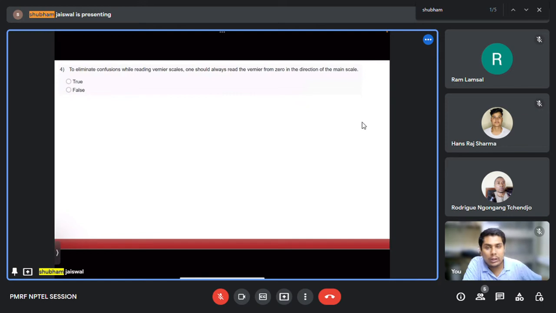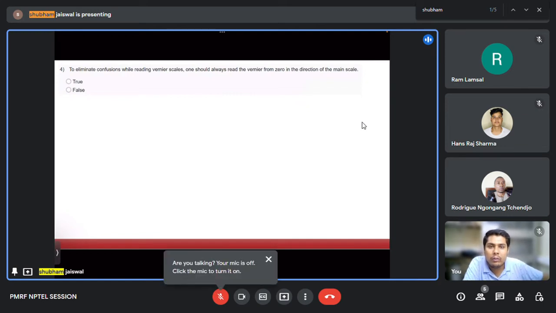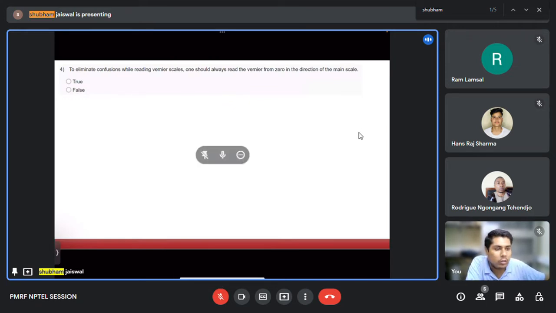To eliminate confusion while reading vernier scale, one should always read the vernier from 0 in the direction of the main scale. This statement is true or false? Anyone?